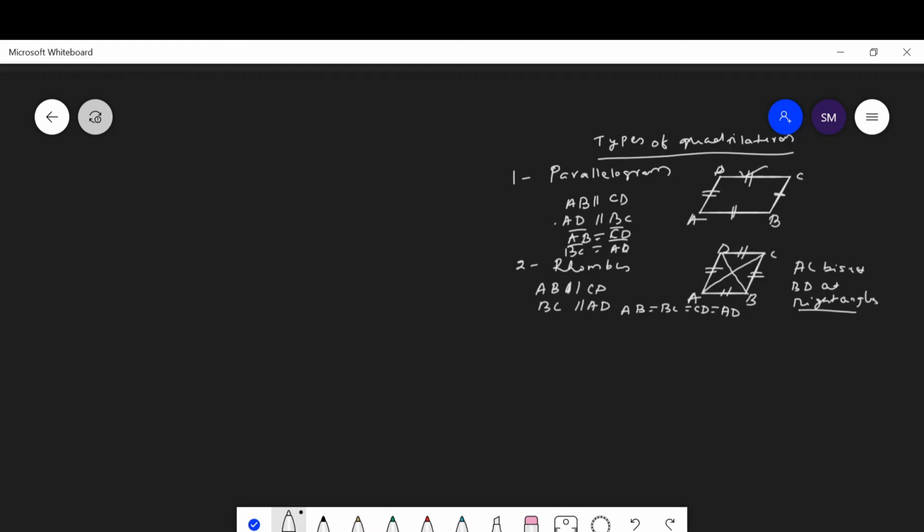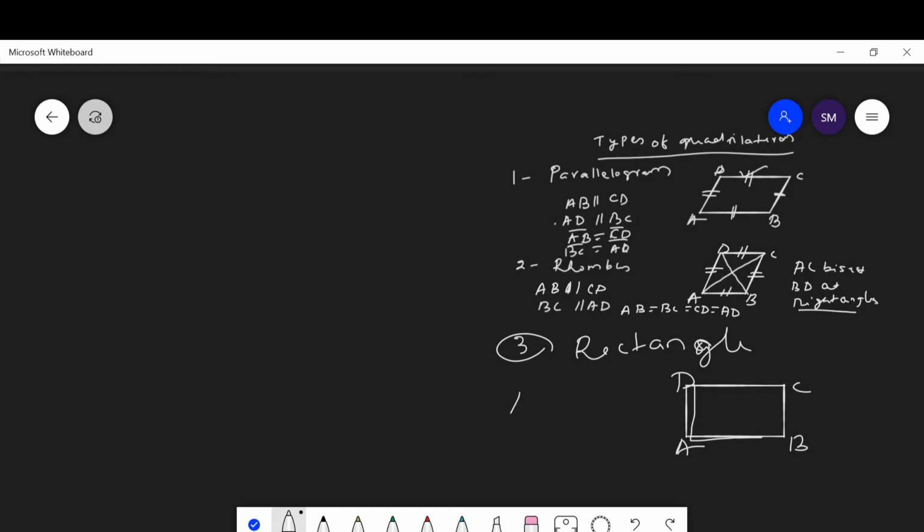Now let us discuss the third type of quadrilateral, which is the rectangle. A rectangle is also a type of parallelogram, and it satisfies all the properties of a parallelogram.